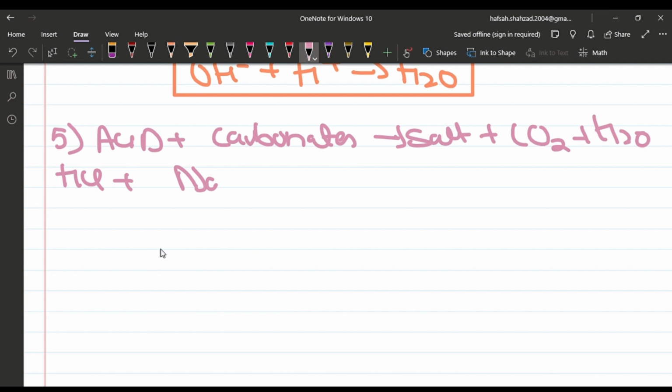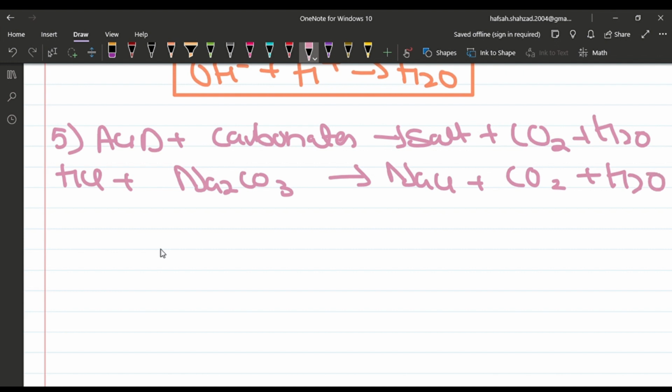Let's take Na2CO3 as a carbonate. Salt would be NaCl. We have CO2. We have H2O. Okay, so let's balance out the equation.